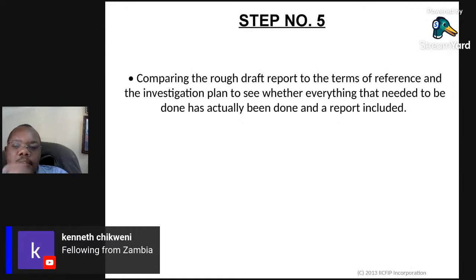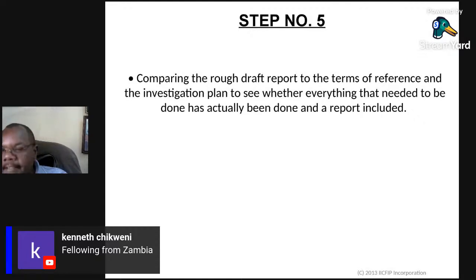We are now at step number five. Compare the rough draft report to the terms of reference and the investigation plan to see whether everything that needed to be done has actually been done and a report included.